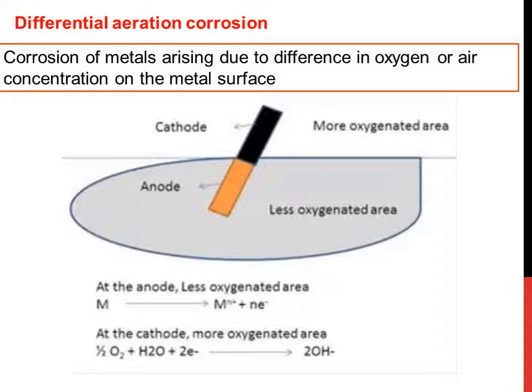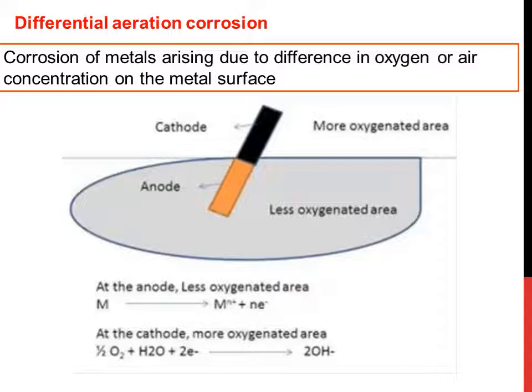The less aerated or less oxygenated part starts behaving like an anode, because it has less oxygen supply, while the more oxygenated part acts as cathodic. Since the cathodic reaction involves consumption of oxygen, the absorption of oxygen for the generation of hydroxyl ion, the more oxygenated part behaves as cathodic and the less oxygenated part behaves as anodic.